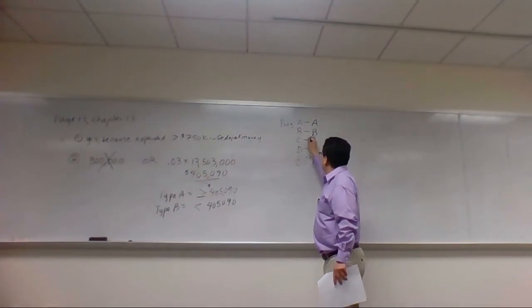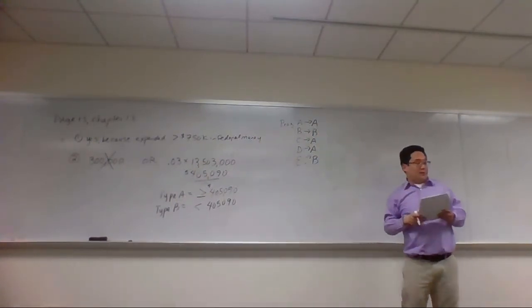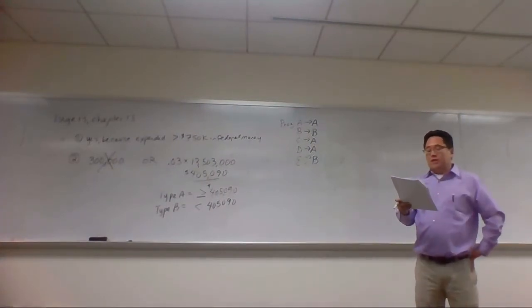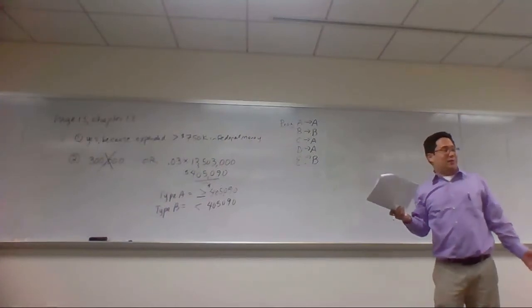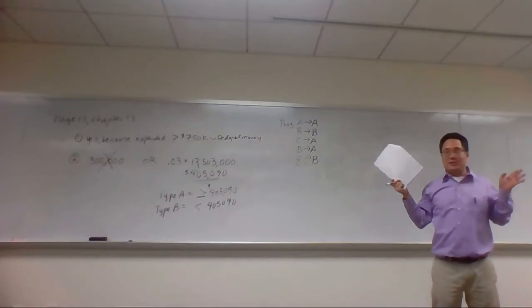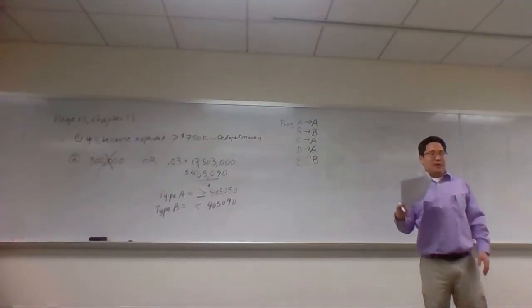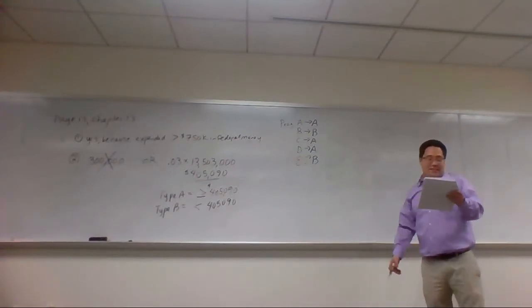Okay, next, we want to figure out, is it high or low risk? The default is high. Because you're an auditor, you're supposed to be skeptical. So if you don't give me any information on what's happening, I'm going to assume it's high risk. Unless you can prove to me it's low risk, I'm going to assume it's high risk. Look what it says in the problem.